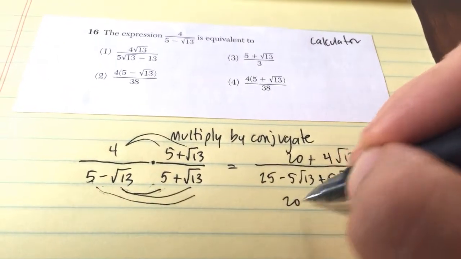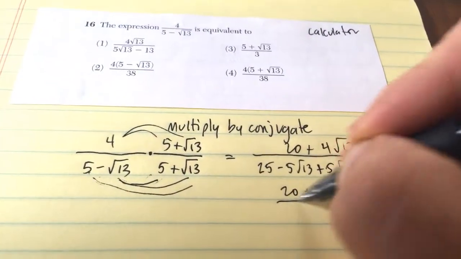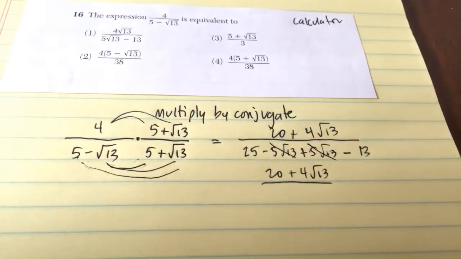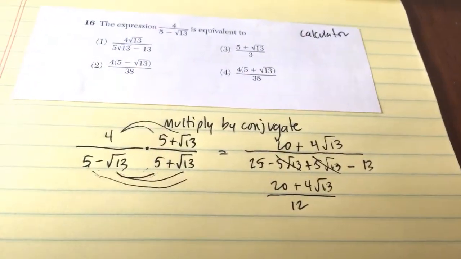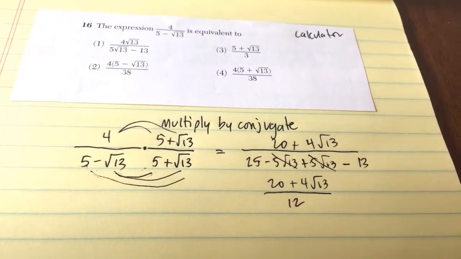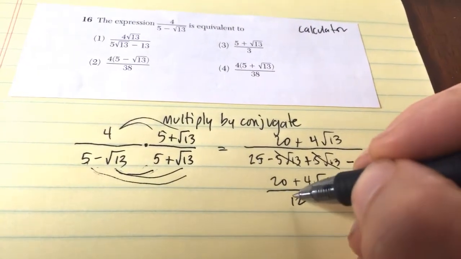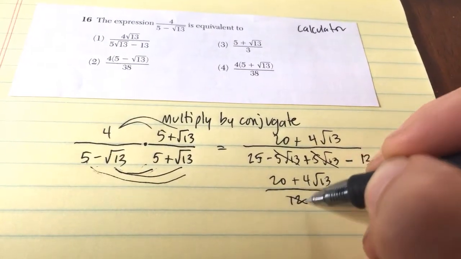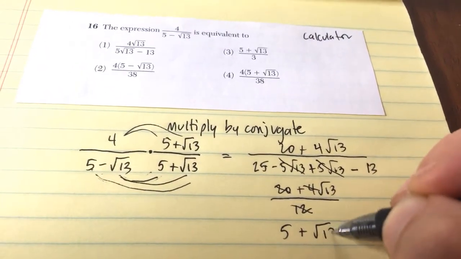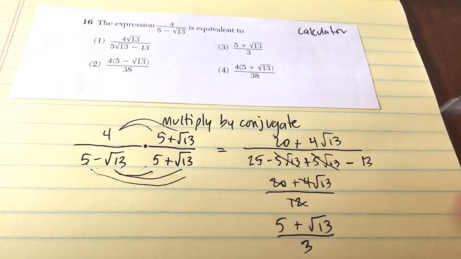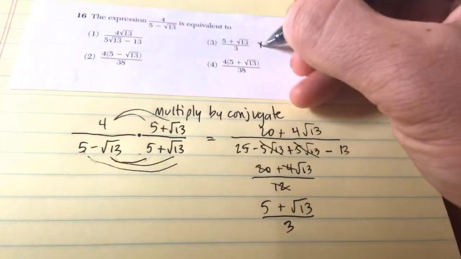Now simplifying, you get 20 plus 4 square root of 13. These cancel, they add up to 0. 25 minus 13 is 12. Now reducing this, if I divided all of these by 4, I get 5 plus square root of 13 over 3, which is choice number 3.